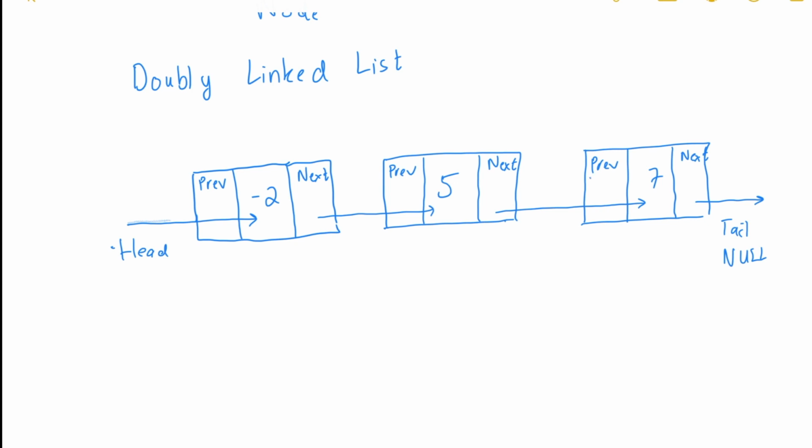So right here, if we access this pointer, this is going to send us backwards to the node we were just at. And similarly on this node, if you want to go backwards, it's going to send us to the information field of the previous node. And right here, we kind of have 2 tails. So if we try to go backwards from this previous node, we're actually just going to end up at null.